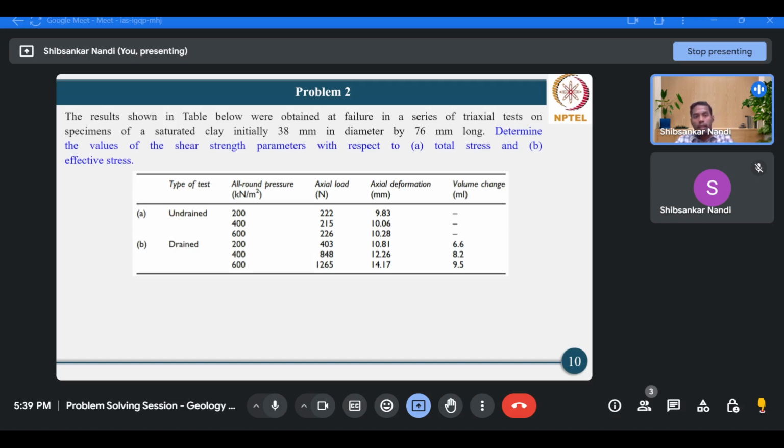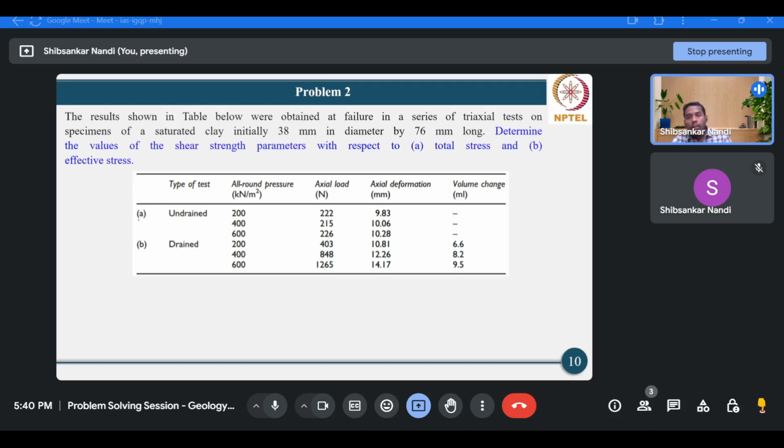So analytically, it will be quite difficult, though we can solve it. In the last session, we solved the problem analytically. However, in this case, we'll try to solve the problem graphically. Okay, so we'll see how we can determine the shear strength parameters with respect to total stress and effective stress conditions by the graphical procedure.